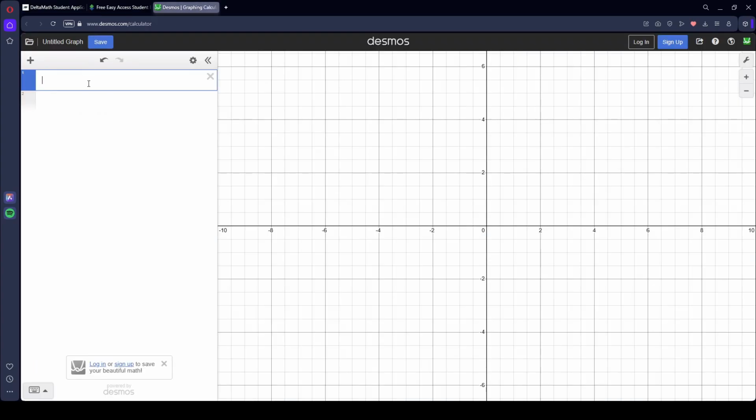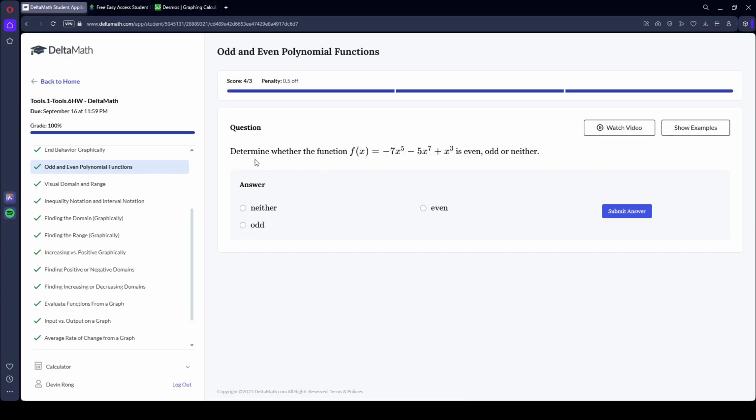Okay. Let's see. Determine whether the function f of x equals negative 7x to the power 5 minus 5x to the power 7 plus x to the third is even, odd, or neither. What does this mean?